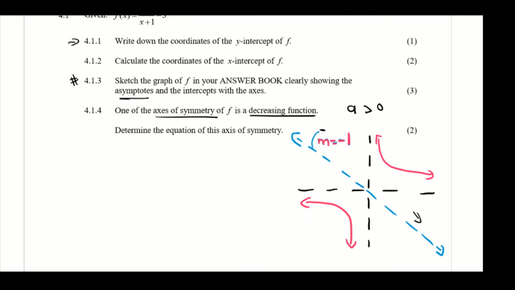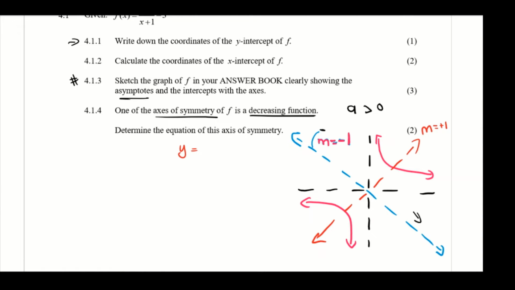And then another axis of symmetry passes through here, and the gradient for this one is increasing, so it's +1. Right?